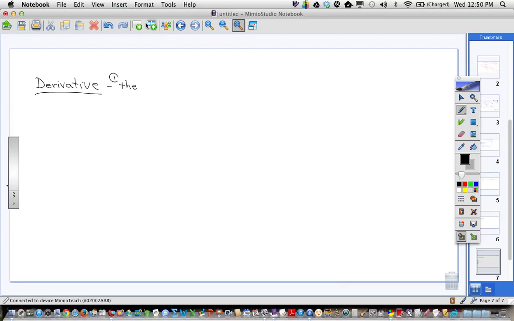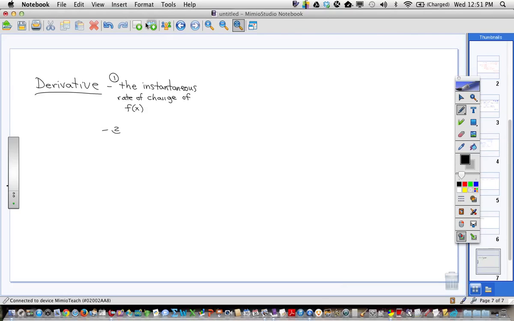This would be one way to think of the derivative: the instantaneous rate of change, so you can think back to those explorations that we did, of f of x. The instantaneous rate of change of a function.